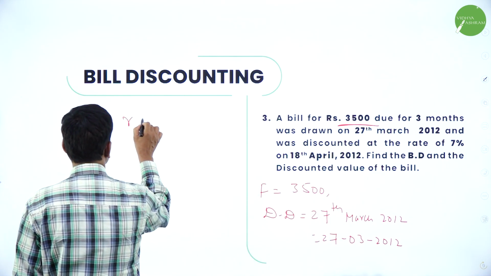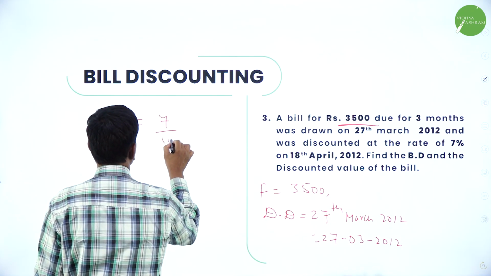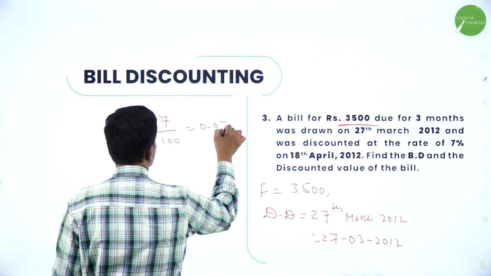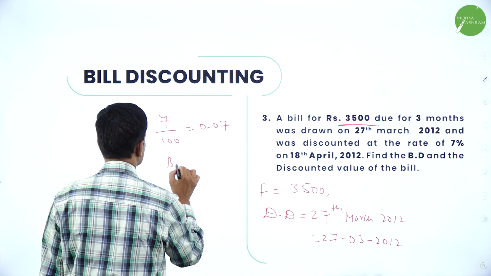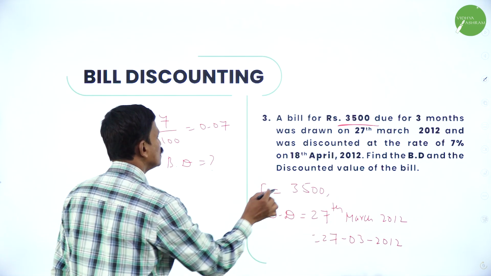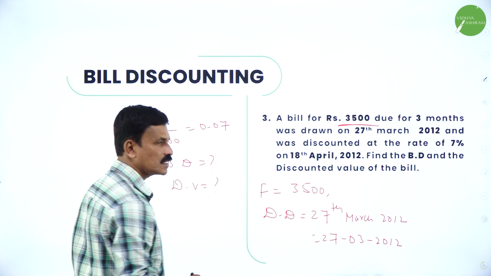What is the rate of interest? The rate of interest is equal to 7%, that is 7 divided by 100, which is 0.07. Now what is to be found? BD is the question mark, and discounted value DV is also to be determined. These are the things to be determined.